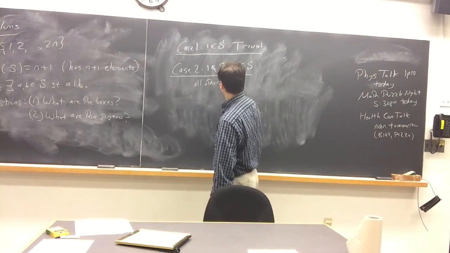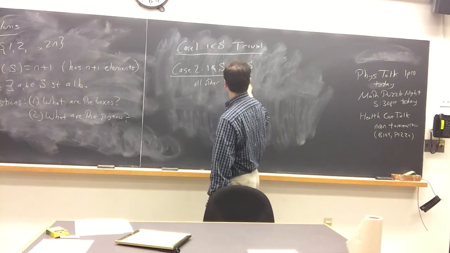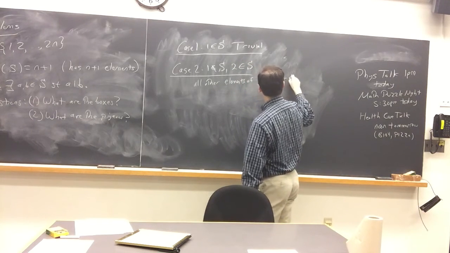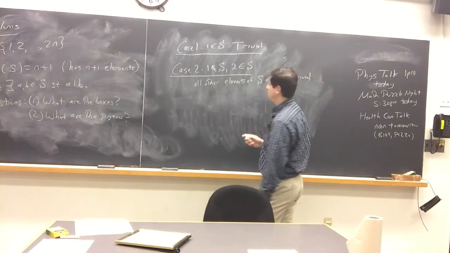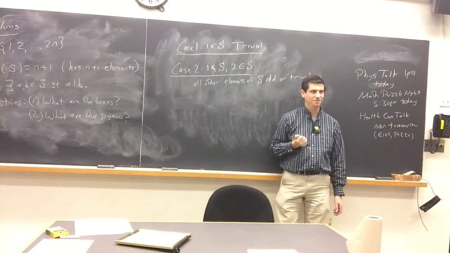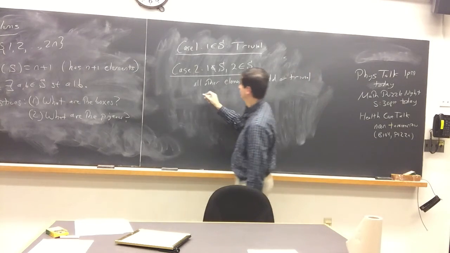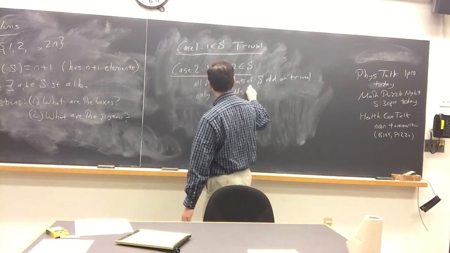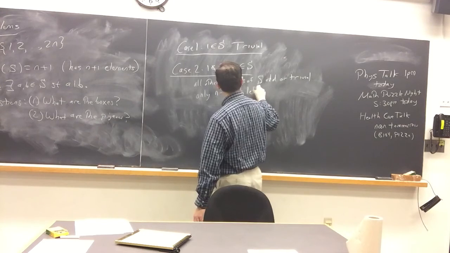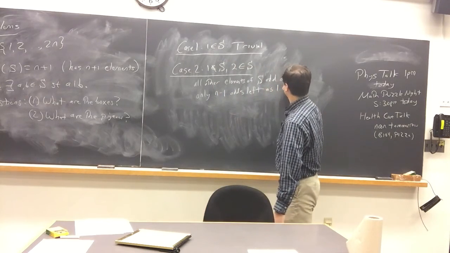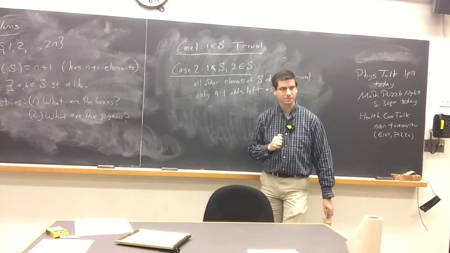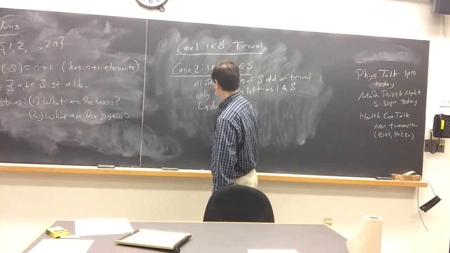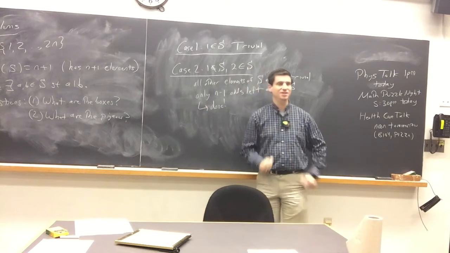All other elements of S odd or trivial. How many odd numbers are left? Only n minus 1 odds left, as 1 is not an element of S. Right? Contradiction. So we must have another even.